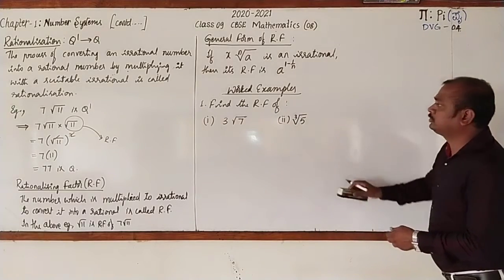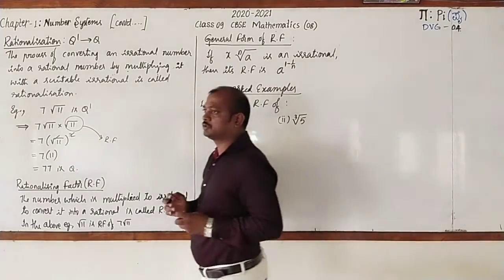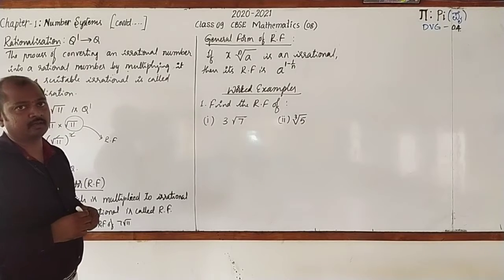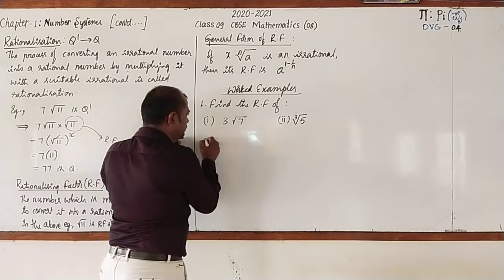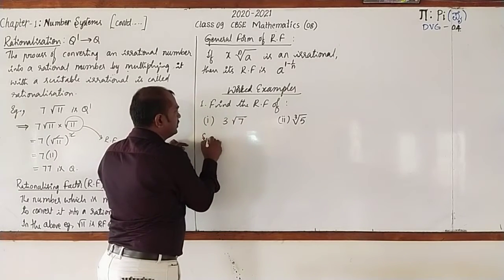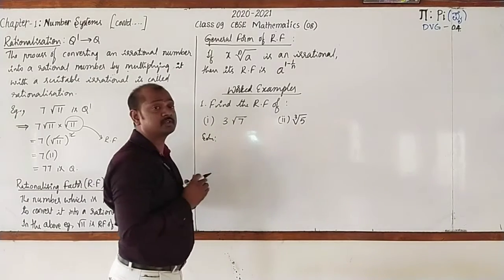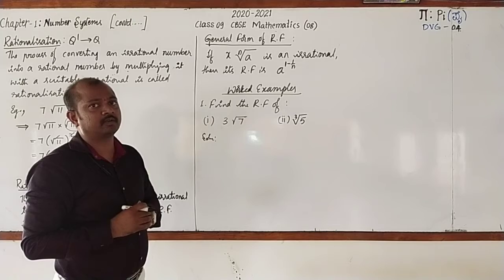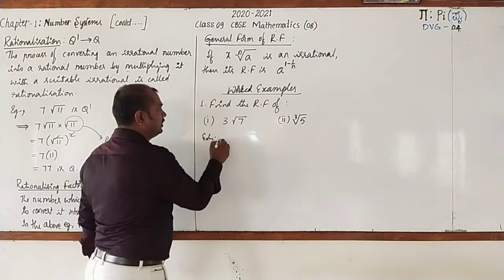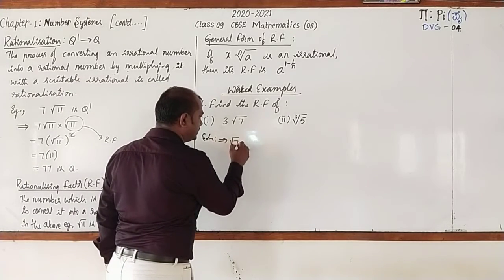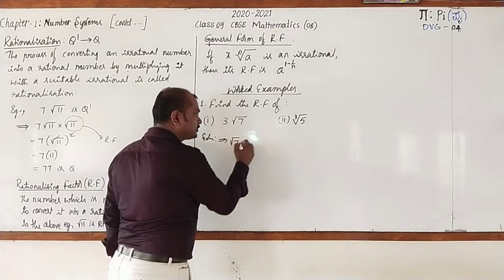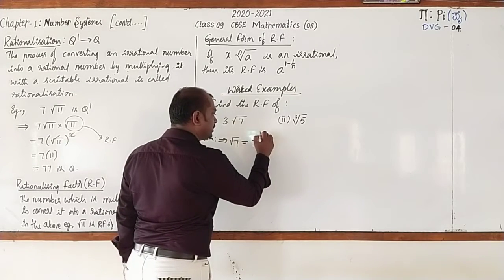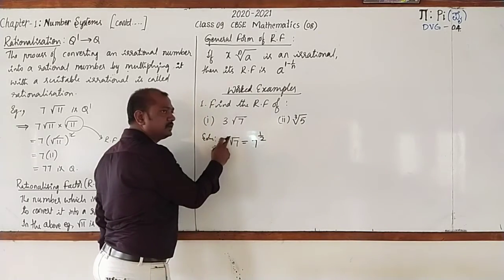Here I have taken two simple examples to find their rationalizing factor. Observe it. Here, the first one is 3 into root 7. We have to find out its rationalizing factor. How to find out? Here, root 7 is there, and this root 7 can be written as 7 raised to the power 1 by 2, because order is 2.